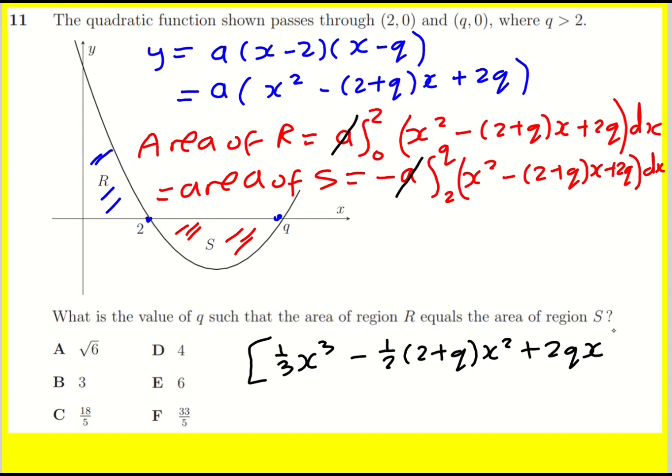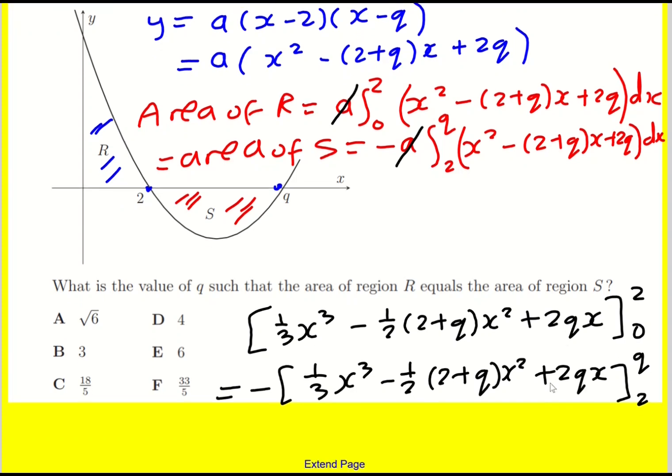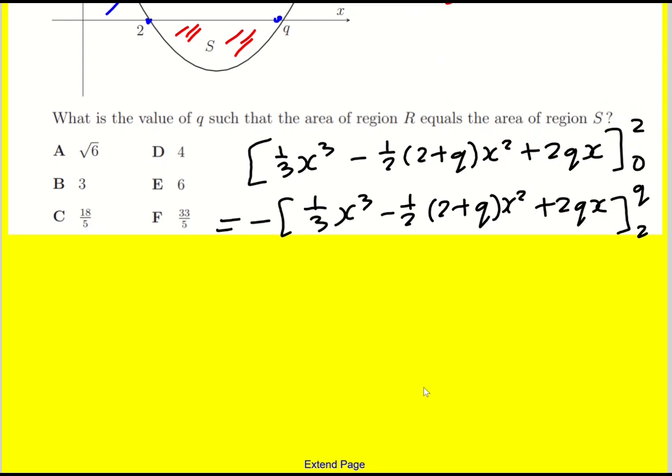So this, evaluated between 0 and 2, is going to equal minus the same thing evaluated between 2 and q.